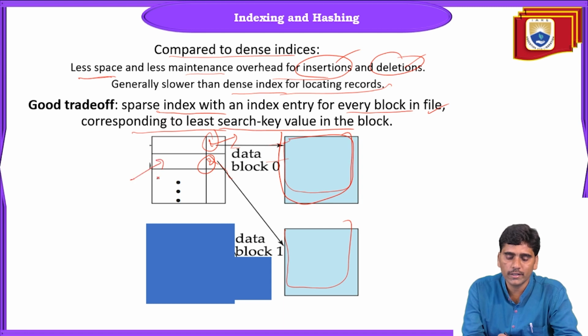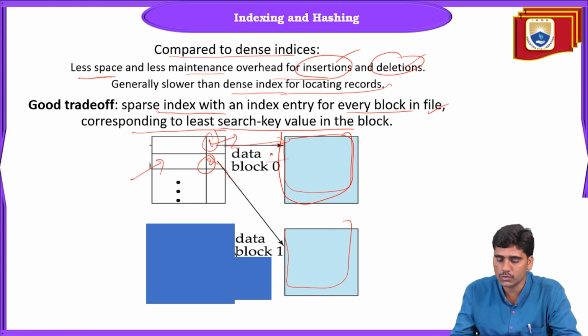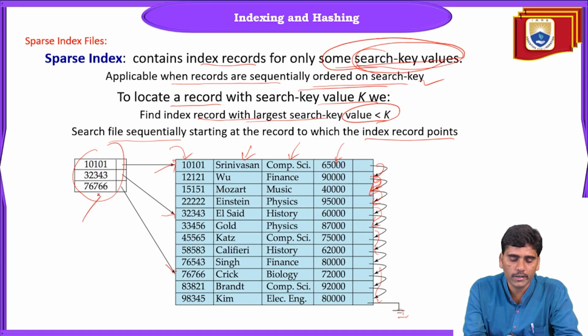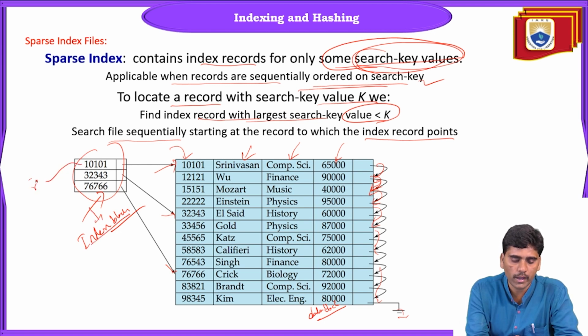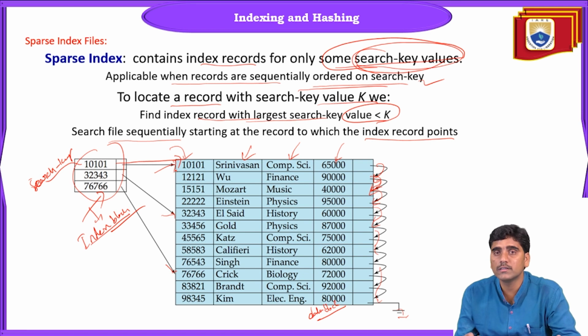So these are the index records. Index records point towards data blocks. Here this is the index block, and this is the data block. Each and every index is stored in index blocks, and each search key searches for the information about this key.